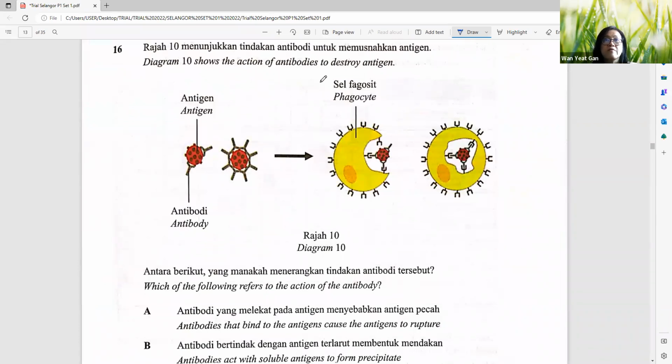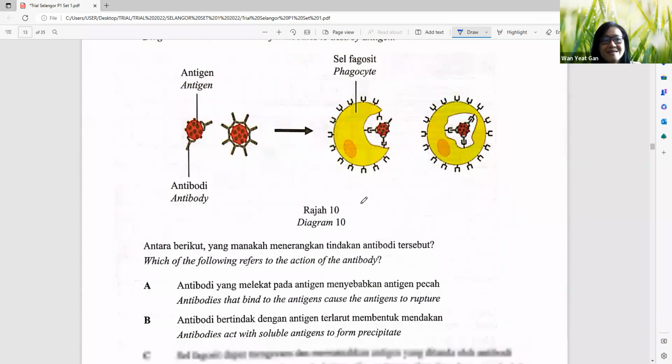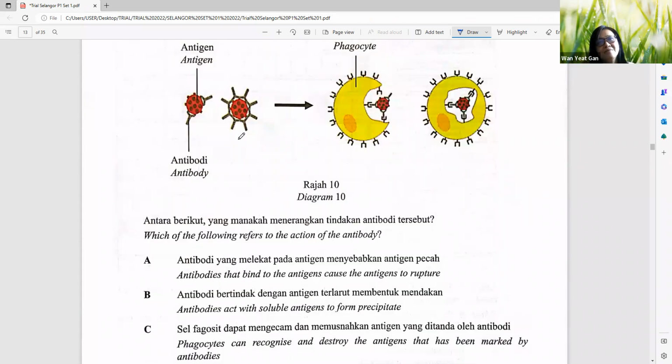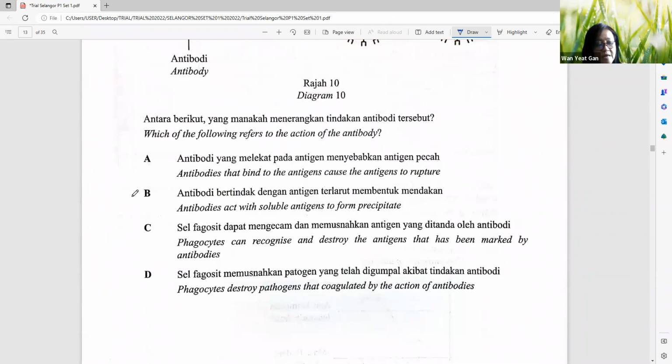Diagram 10 shows the action of antibody to destroy antigen. Which of the following refers to the action of the antibody? Now, you can see that before the phagocyte engulfs and ingests the antigen, the antibody comes and marks it. So the phagocyte can recognize and destroy the antigen that has been marked by the antibody, right?